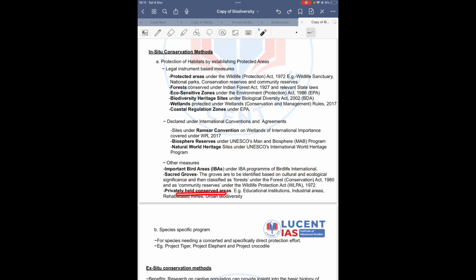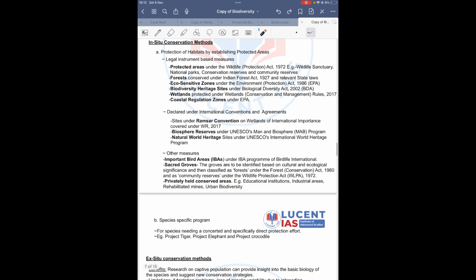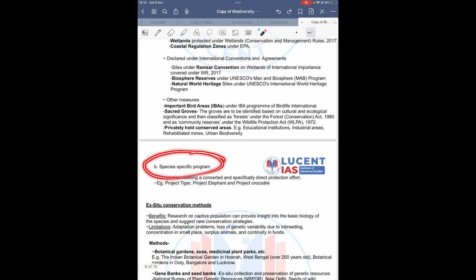Then privately held conserve areas like education institution keeping some areas under forest, industrial areas, urban biodiversity, this Miyawaki method, urban forestry, etc. Then we have some species specific in situ conservation program like Project Tiger, Project Elephant, Project Crocodile, etc. We'll study this in detail in the next further classes.